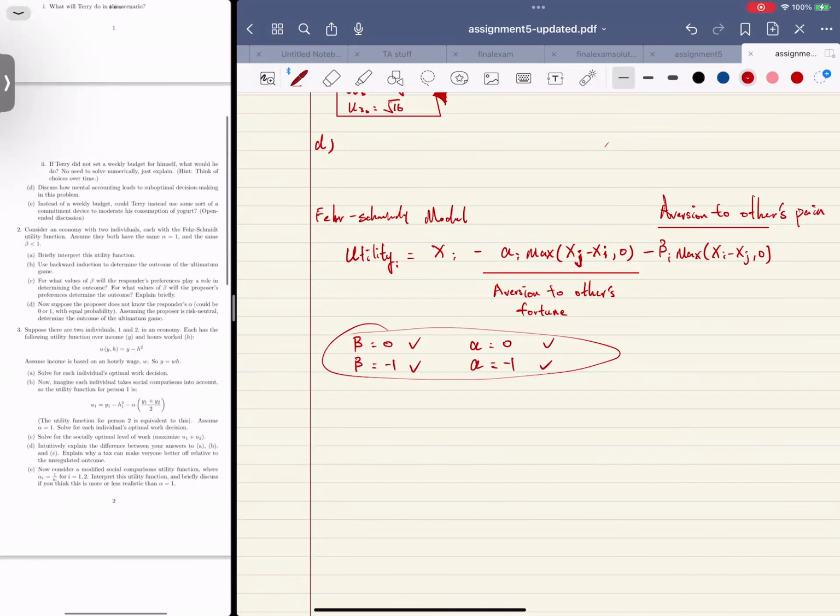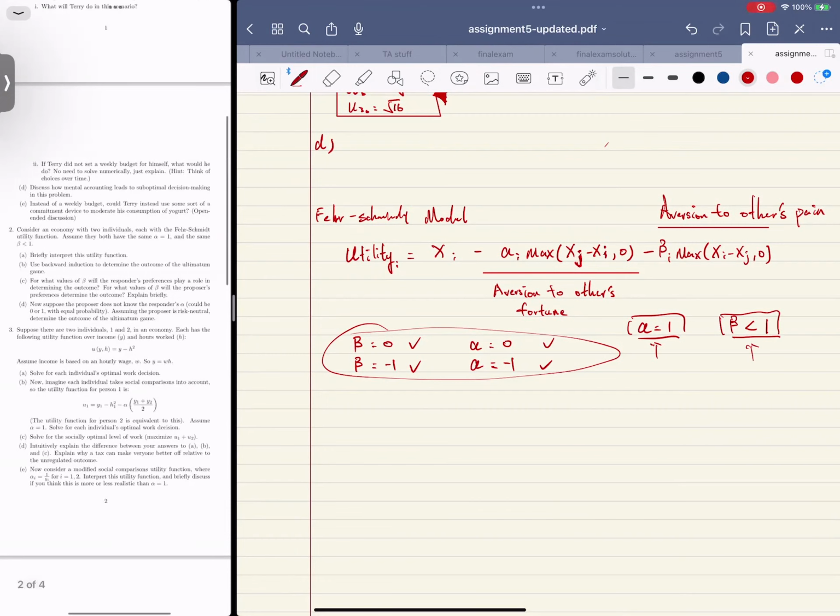Okay, so let's look at the question. So alpha equals 1. What does that mean? Well, I think we explained already, so we probably don't need to do it again. So in the general case, your alpha is going to be some coefficient, but in this question, alpha equals 1 and beta is less than 1.